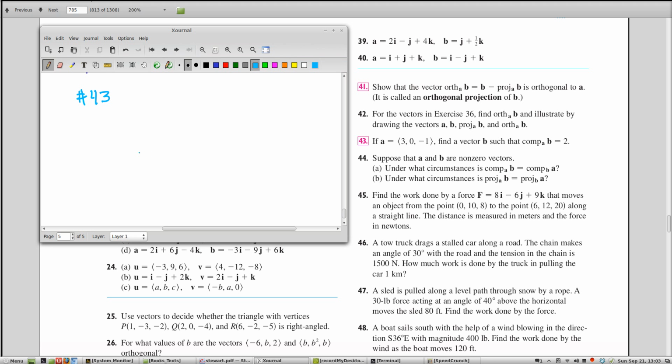So the picture is you have something A here, and we're going to say that it's 3, 0, minus 1, fine. And what we're looking for is some unknown vector B. And one thing we know about B is we want the length of the shadow of B projected onto A to be 2. So that's kind of a cute problem.